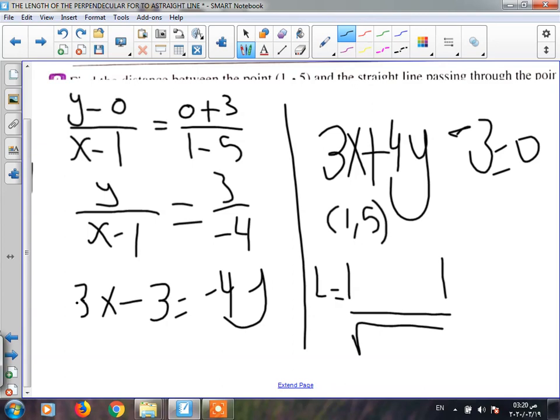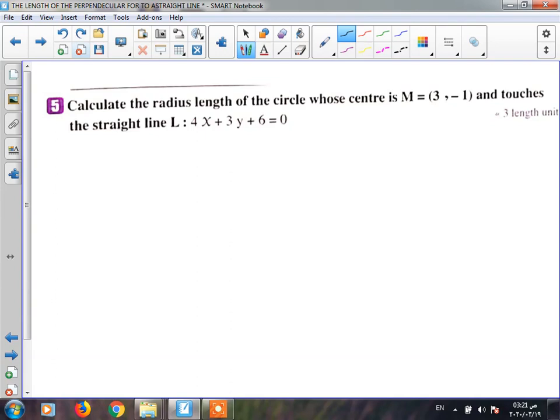So we have 3 plus 4 times 5, 20, minus 3, over the square root of 3 to the power of 2 plus 4 to the power of 2. The result is going to be 4 length units. Here there is M. There is the point.